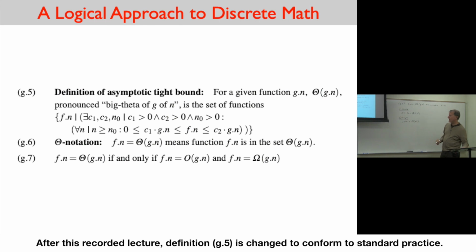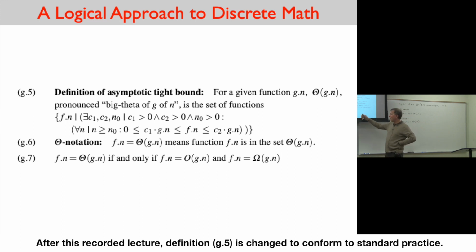Now, I want to hasten to add that this definition of big theta is really not quite the way most books do it. The way we're doing it, G.6 is a theorem and G.5 is a definition. Most books do it the other way around.